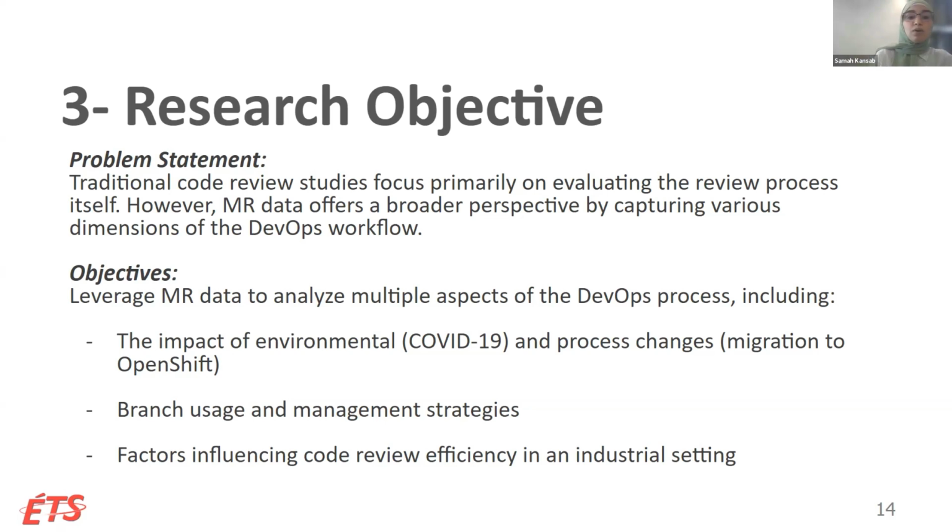While from our side, we see the code review process data as different and very rich with deeper information that we can use to analyze the whole DevOps workflow and not only the code review. So our objective in this work is to use the same data used by people, but to retrieve different information.